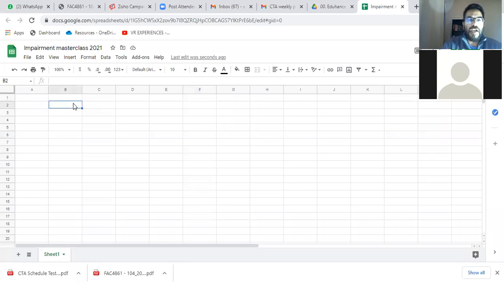So what do we want? When you do an impairment test, you must compare the carrying amount of the thing, the asset or the CGU you are looking at, with the recoverable amount of the asset or the CGU you are looking at. Because we are looking at the CGU, you must compare the carrying amount of the CGU with the recoverable amount of the CGU.